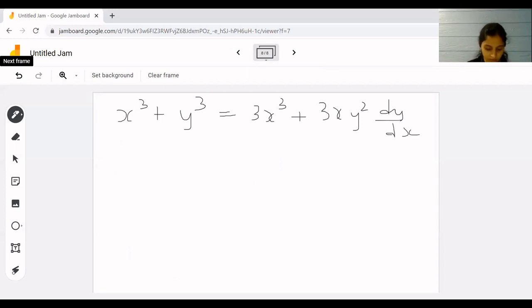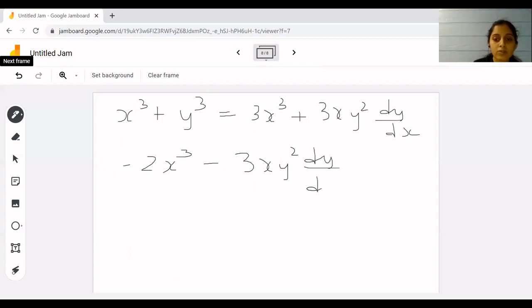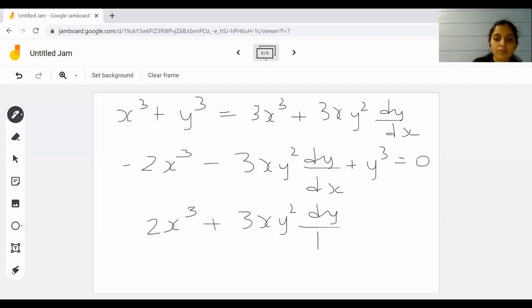Taking all the terms on one side, so x cube minus 3x cube would be minus 2x cube, minus 3xy square dy by dx plus y cube equal to 0. And then removing the minus sign, I will get 2x cube plus 3xy square dy by dx minus y cube equal to 0. This is your differential equation.